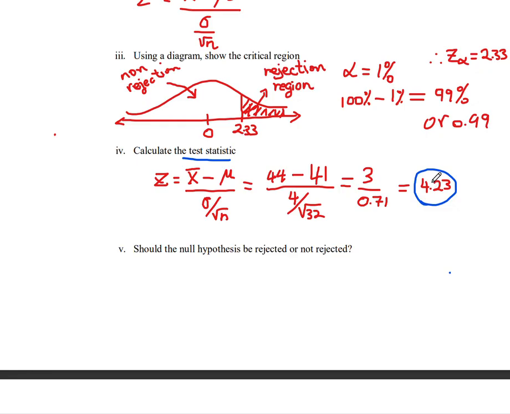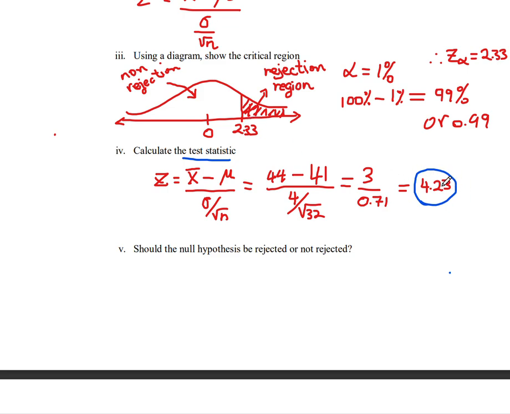What we now need to do is to determine whether that 4.23 falls to the right of the critical value. Here's the critical value of 2.33. If it falls to the right of 2.33, then it will fall in the rejection region. Or does it fall to the left of 2.33, which would mean that it would fall in the non-rejection region?